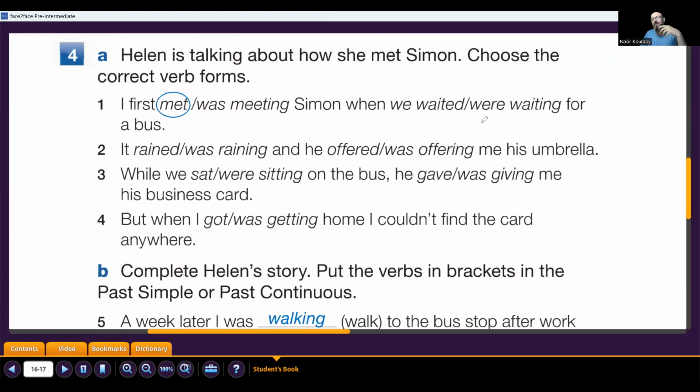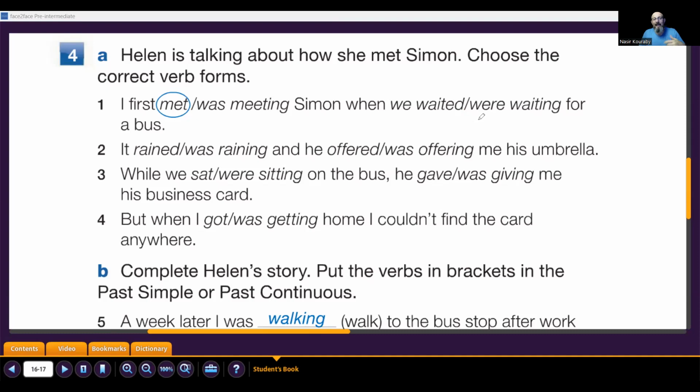The other action, okay, longer, when we were waiting, because you are waiting, for example, for a bus, and sometimes you see someone next to you and you introduce yourself and you talk a little bit. So this is the meeting. Okay, so I met when we were waiting.